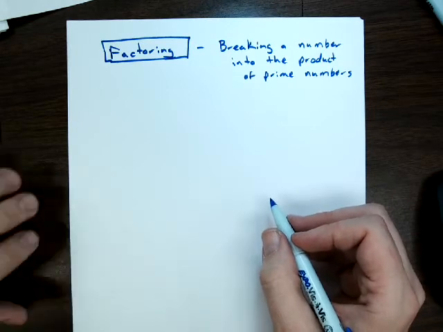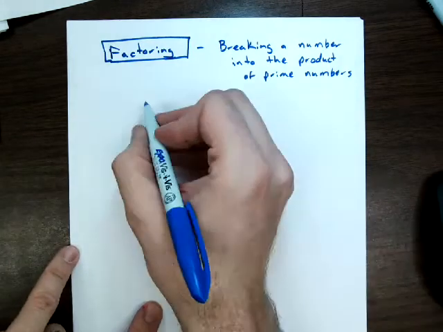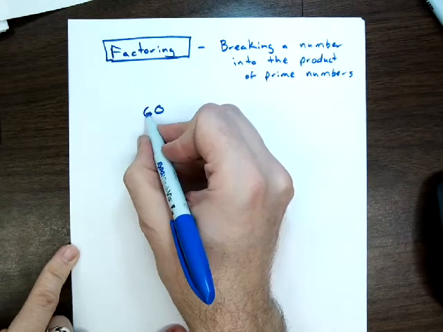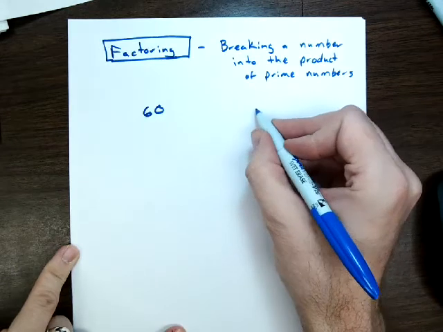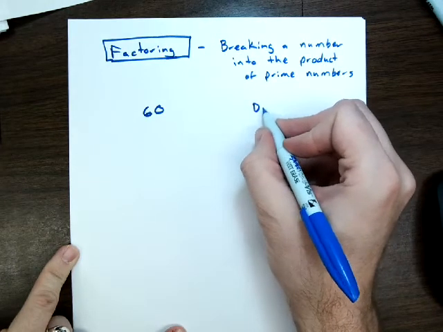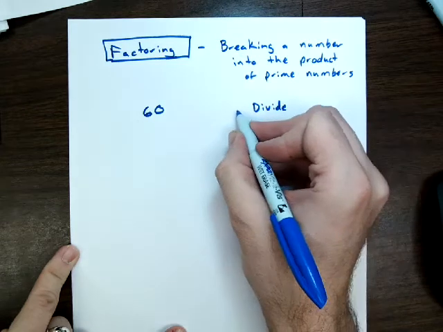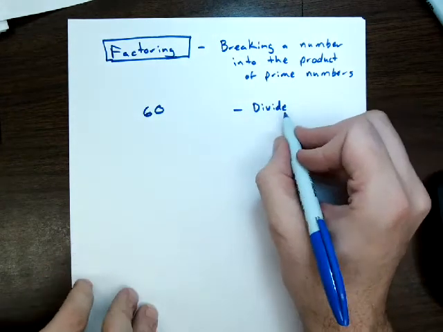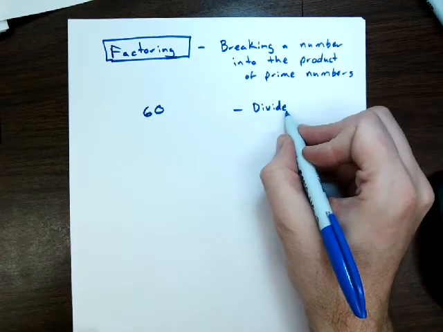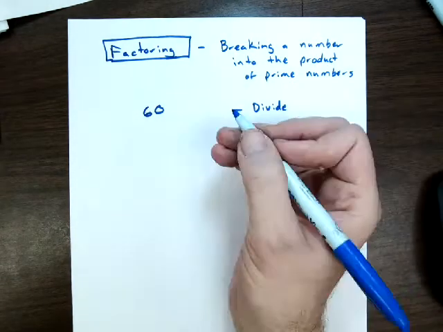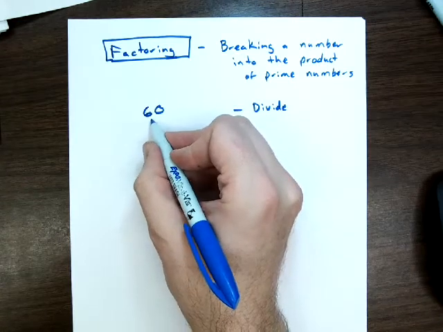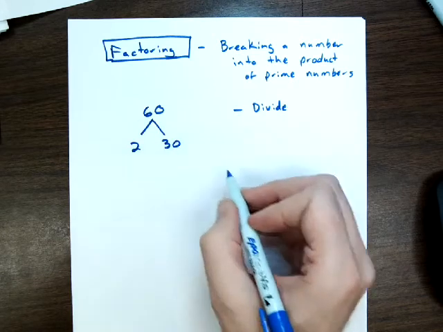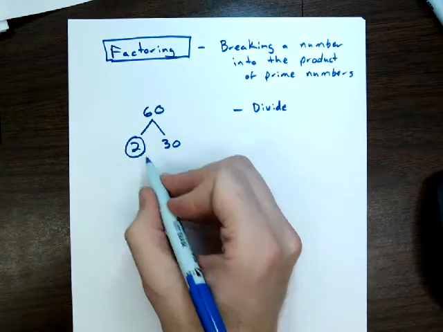How about we start with a number like 60. Now, what we're going to do is divide this into any pair of numbers that you can. I see that 2 goes into here. That's 2 times 30. Okay, 2, by the way, is a prime number.